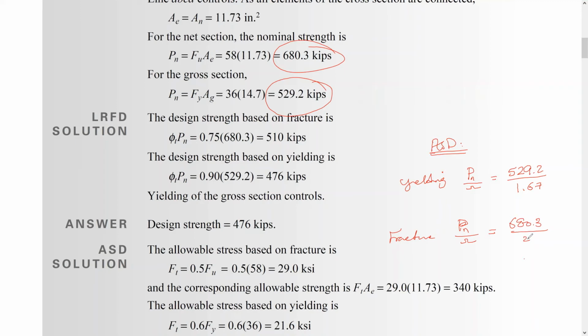Solving this, you will get this one here, kip, and for this one, let me come up with the correct answer: it's going to be 315.9 kip. So this one is the smallest. So yielding is going to control in both cases, the LRFD method and the ASD method.